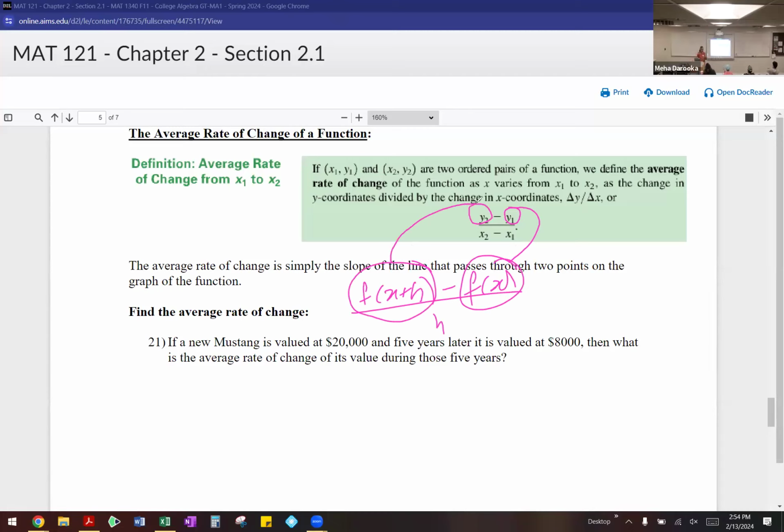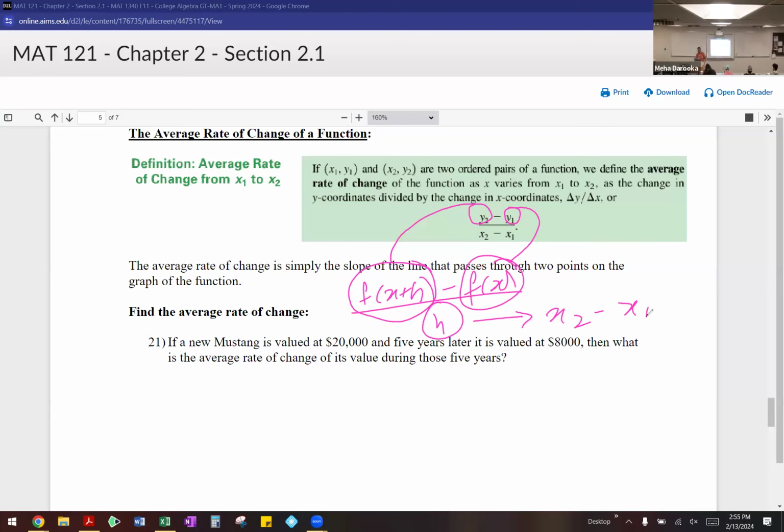And of course, remember, if you're moving along the graph, you're moving horizontally and vertically. So the f of x plus h and f of x is showing you the difference in the y values. And the h is basically the denominator, the distance between the two x values. So yeah, it looks like a different formula, but essentially it's a rewritten slope formula. That's what the difference quotient is.